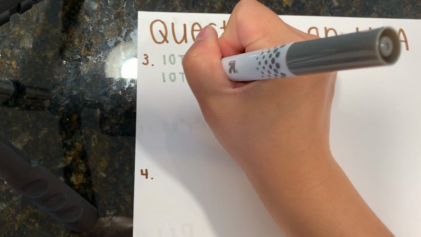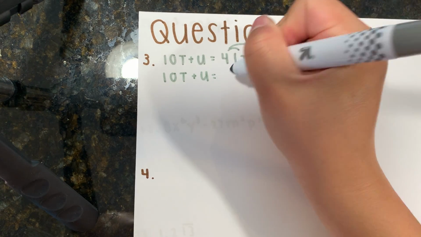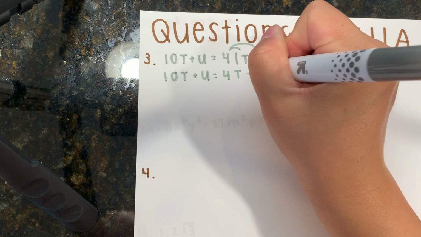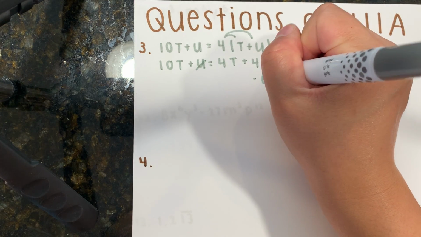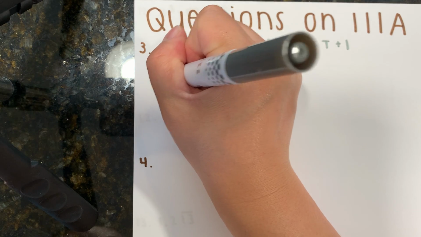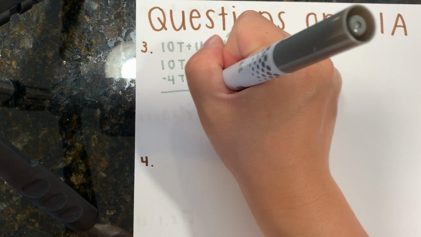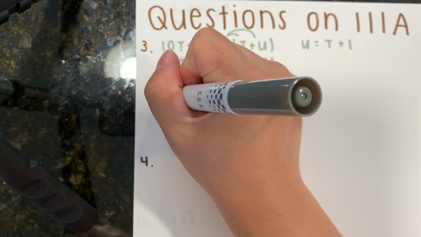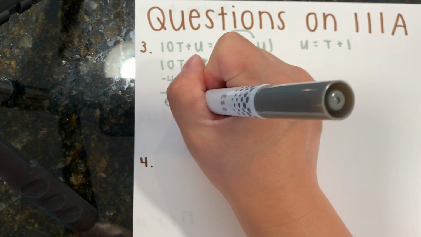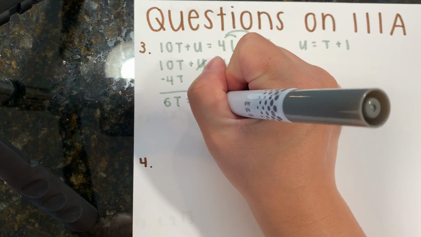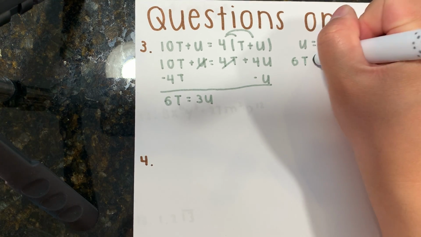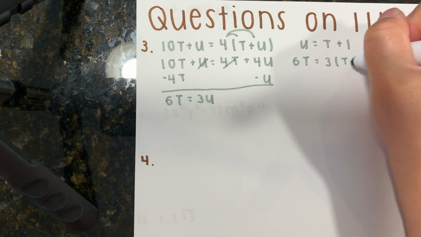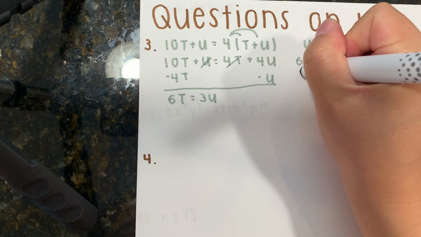So 10t plus u equals 4t plus 4u. I'm going to bring the u over to the left, bring the t over to the right. So I have 6t equals 3u. I know that u is equal to t plus 1, so that'd be 6t equals 3 times t plus 1, distribute.